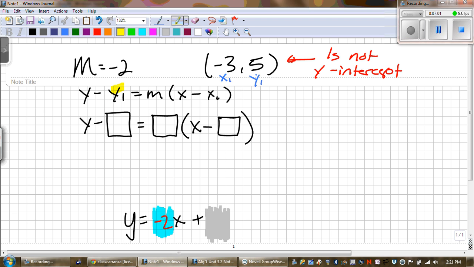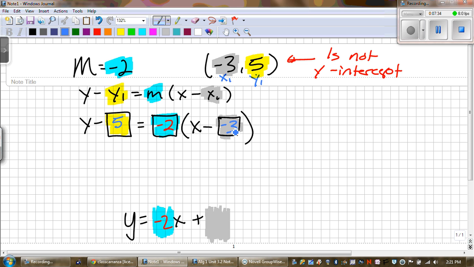Or if you want to color code things, there's our x. And we just take all that information and plug it in. So right here, this would be a 5. My m is -2. And my y is -3.